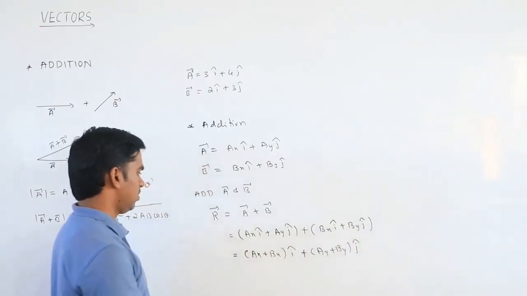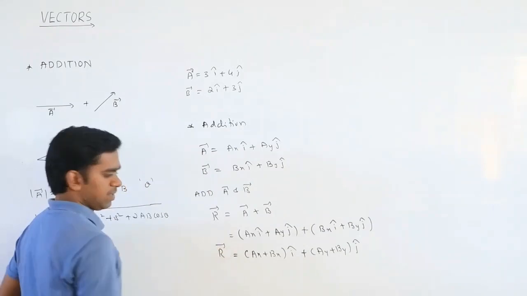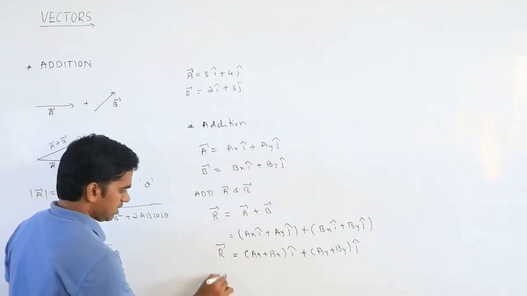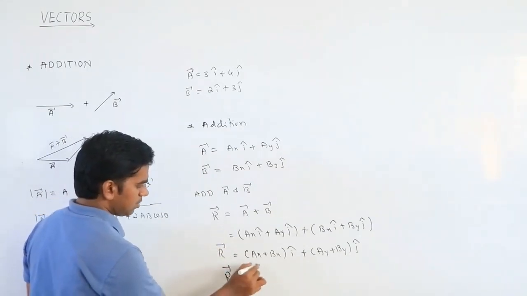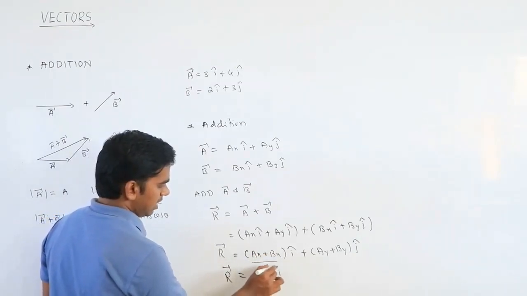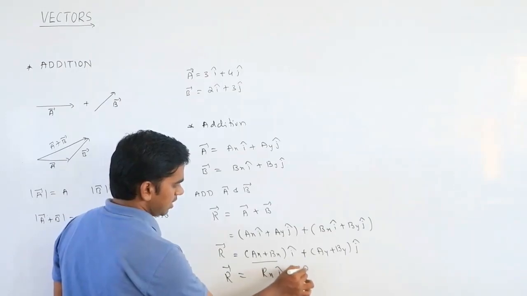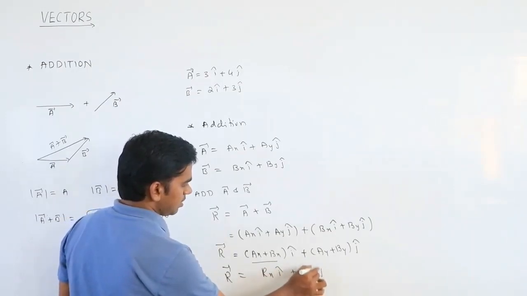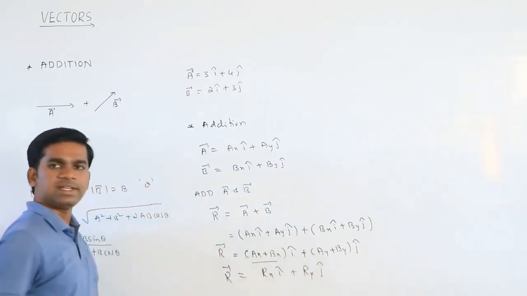This is going to be the resultant. So in general I can write vector r equals rx I cap plus ry j cap. Okay, this is the resultant.